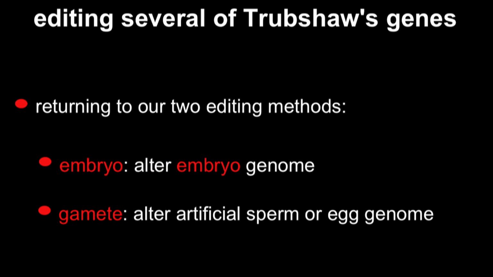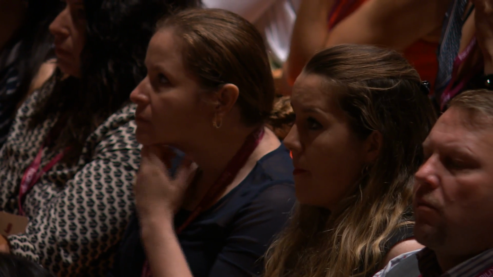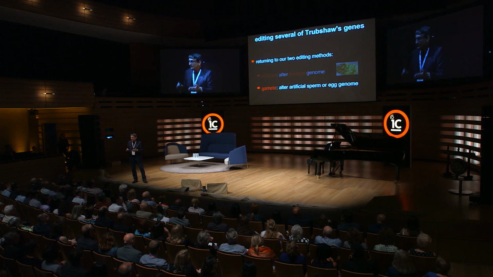The problem with making multiple edits in a single-cell embryo genome is that the single-cell embryo quickly becomes a two-cell embryo. You want to get at the one-cell embryo, so you've got quite a finite window of opportunity. And if you're doing multiple cuts, there is a risk that you might end up with scrambled eggs. So we don't want that, and I think it's much more likely that this other method, gamete genome editing, will be the one that we choose.